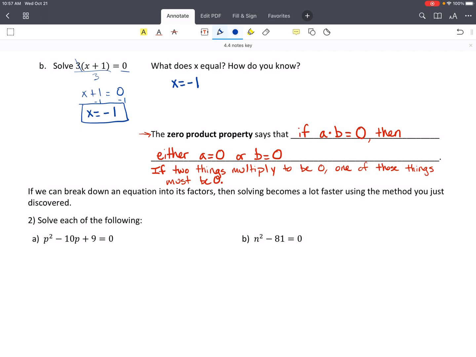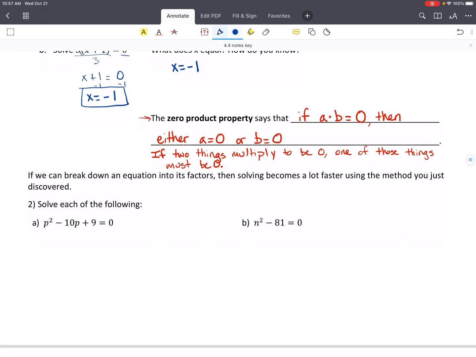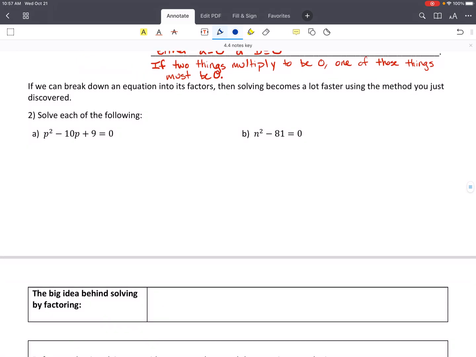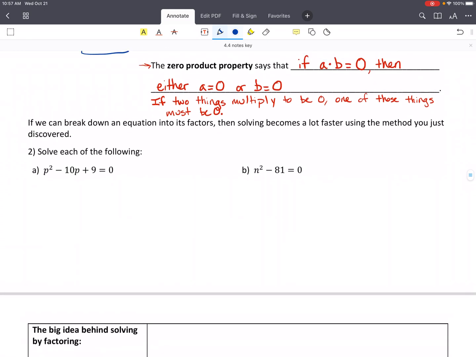So I knew that x plus 1 had to be 0, and we could solve it from there. So if we can break down an equation into its factors, meaning two things multiplied together, then we can use the zero product property right there and apply it to get to our solution.